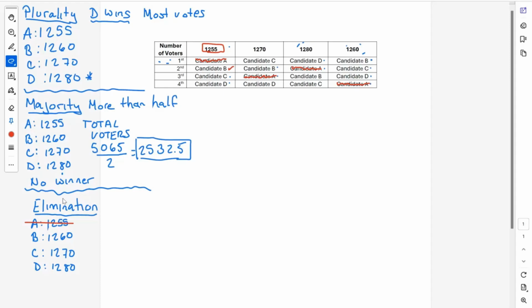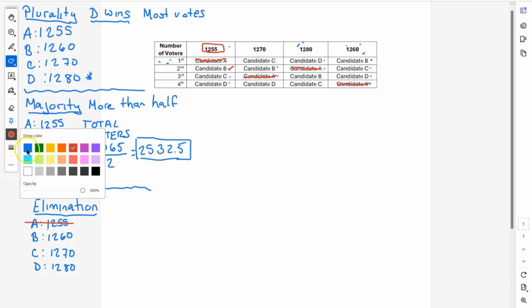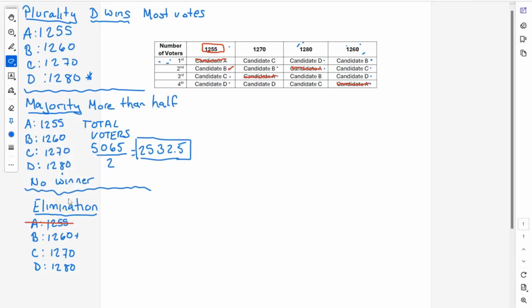If their first choice is gone, let's redistribute these 1,255 votes to candidate B. So candidate B gets 1,255, and 1,260 plus 1,255 gives us 2,515. Sorry, 2,515. Let's fix that.